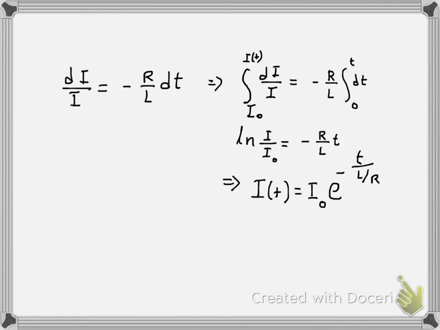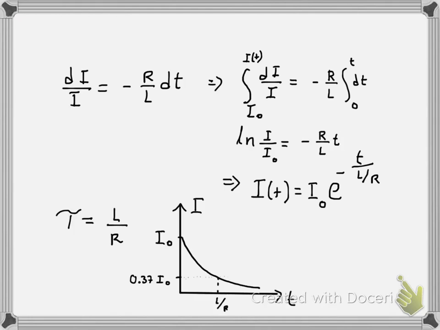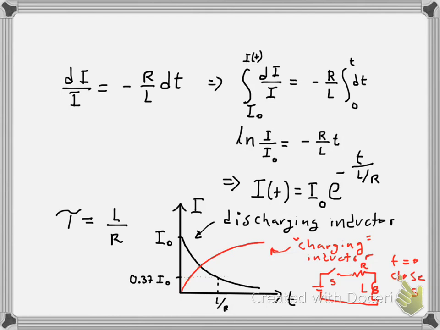But notice that the time constant is no longer RC. Obviously we don't have a capacitor here, so the new time constant is L over R, the inductance divided by the resistance in the circuit. A graph of that current is an exponential function, and as before, the current will have dropped to 37% of its original value after a time constant equal to L over R.